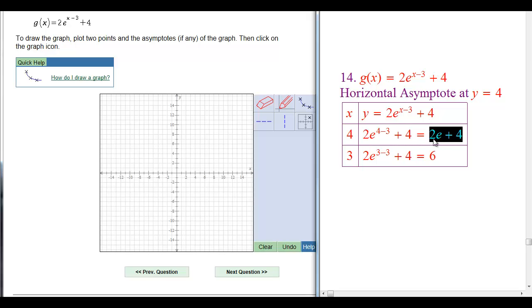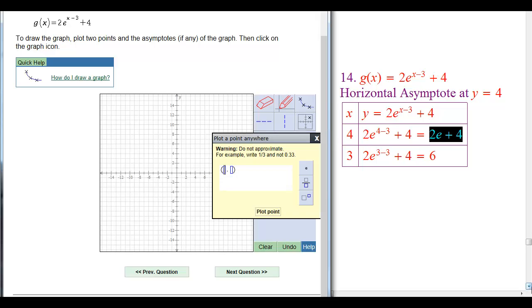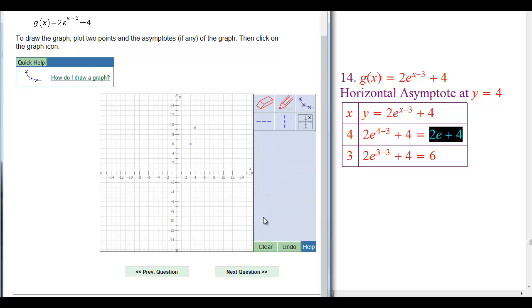So if you look, 2 times 2.7, so a little over 4, plus 4, so a little over 8. So let's plot that. So you should have some sense of what you're plotting. So you're going to have 2 times e plus 4, and then plot, and then 3 and 6, plot, put the asymptote at 4, and then click, and there's your graph.